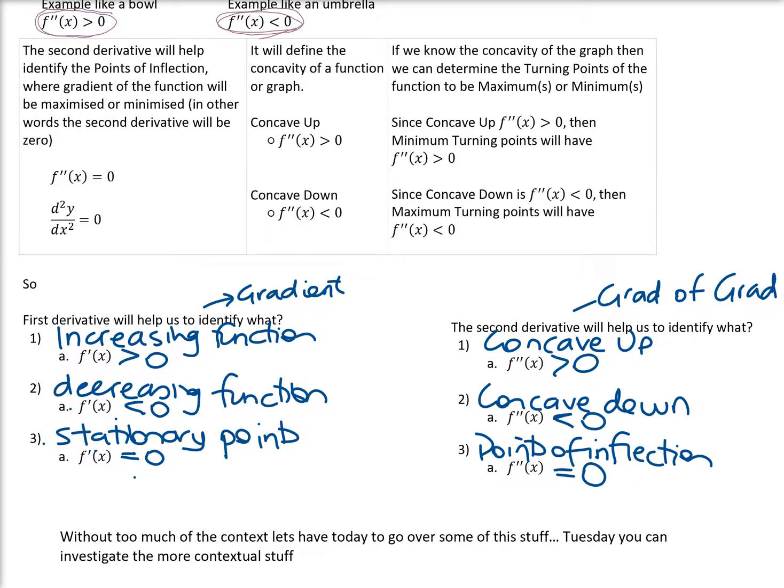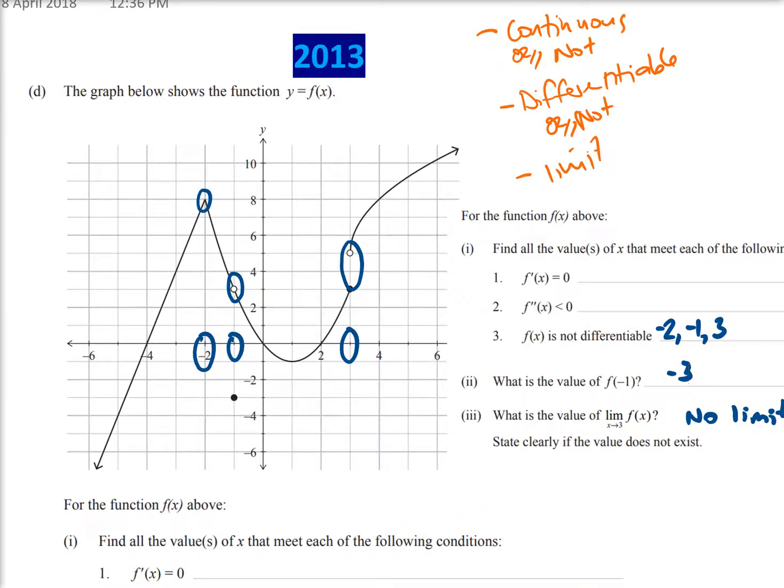So have a pause and have a crack at some of those questions, and have a look at some old exam questions. Hold on. First of all, let's answer these ones. So where is this one? Where is f dash x equals 0? Just there. Is that the only place? We'll assume so. We'll go with that. Could be other options.